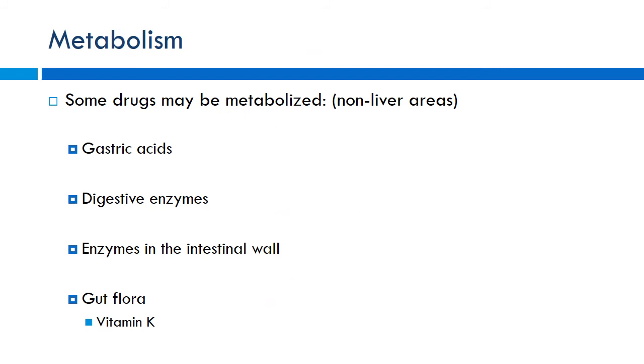Some drugs get metabolized in other areas, so you have non-liver areas like the gastric acids. Some things are acid labile, which means they get broken down by the acid, so they sometimes have to be protected before they can be absorbed. A good example of this is proton pump inhibitors. What we can do is wrap those acid labile drugs, which would be broken down in stomach acid, in a coating that doesn't dissolve until it reaches a basic medium.